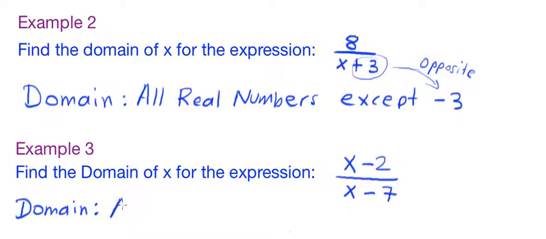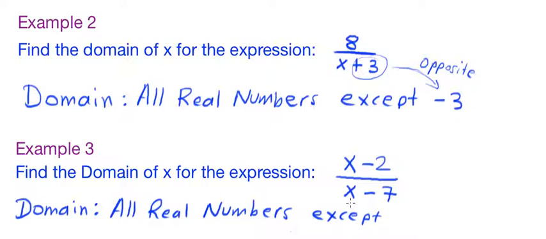So the domain here will be all real numbers except the value of x that will make this 0. That is clearly 7, right? Opposite of this, right? So except 7. Again, notice this guy opposite.